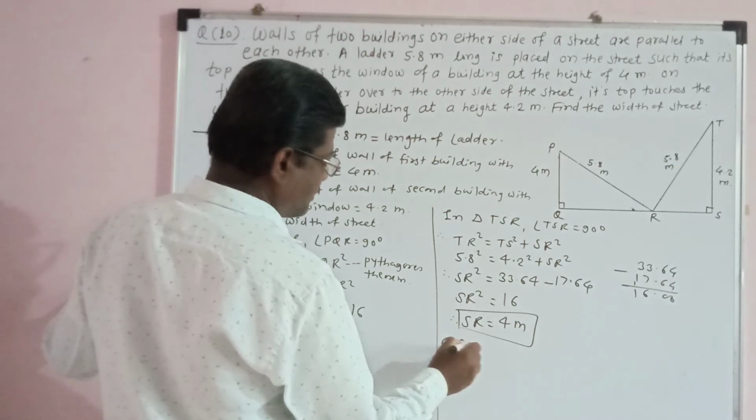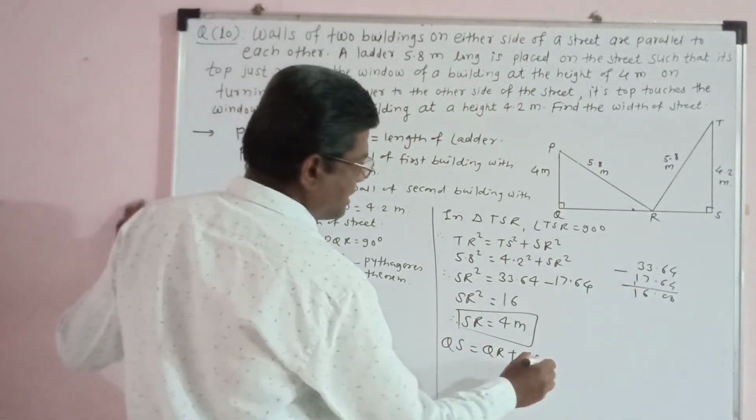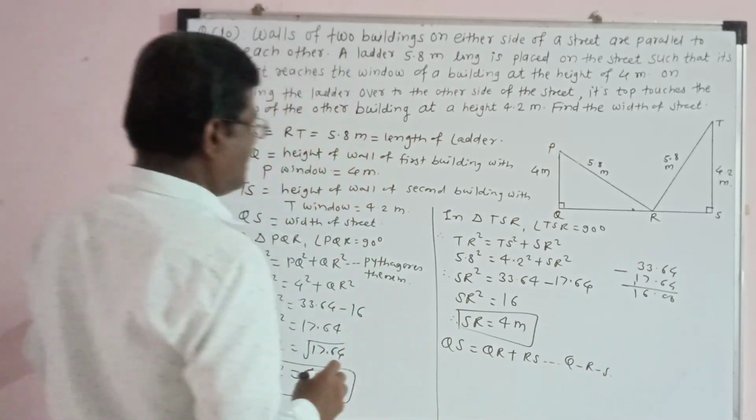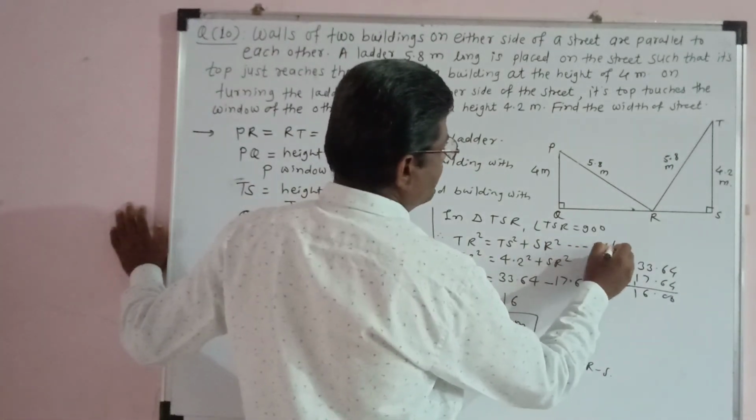Now QS is equal to QR plus RS. Reason is Q-R-S collinear, and here we write one reason, Pythagoras theorem.